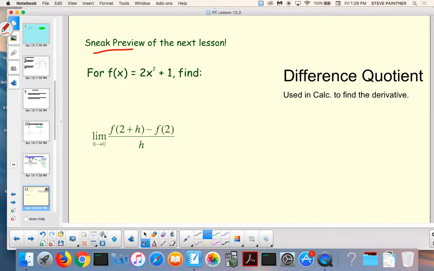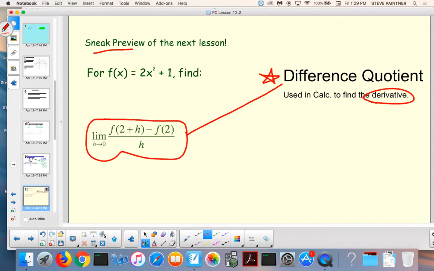The big word here is derivatives, and we will find them on Monday, Tuesday, Wednesday, and then Thursday we reviewed it. So how do you find the derivative? You actually use this difference quotient, which is right here. That's it. You're going to use this to help you find the derivative.